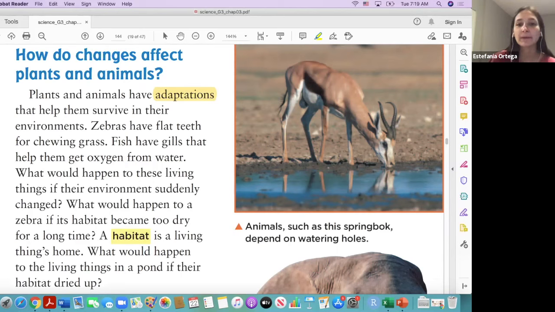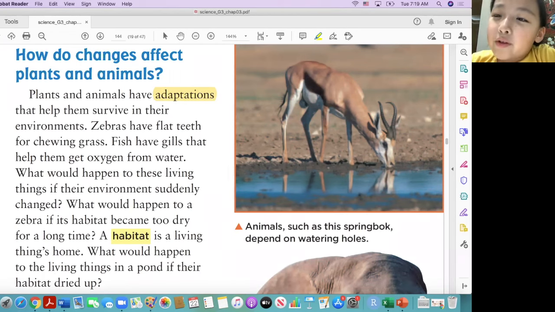Okay, go ahead. Plants and animals have adaptations that help them survive in their environment. Zebras have flat teeth for chewing grass. Fish have gills that help them get oxygen from water. What would happen to these living things if their environment suddenly changed?